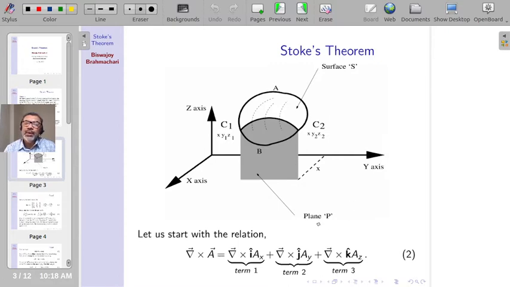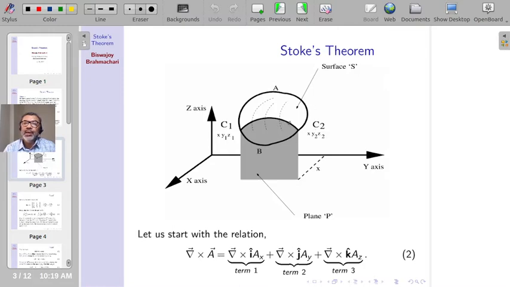We also take a plane P which is parallel to the YZ plane at a distance x from the YZ plane. This plane P will intersect the surface S along the curve C1, C2.